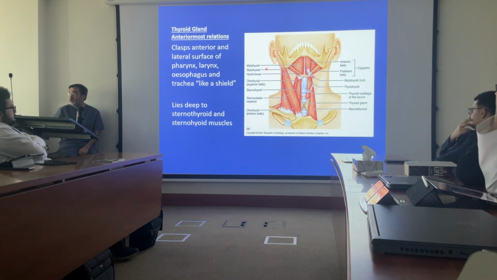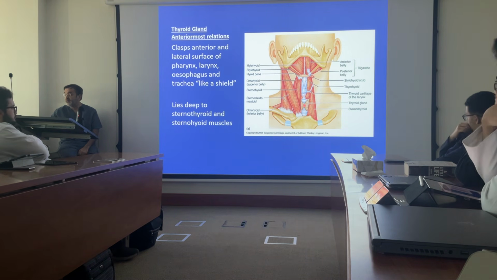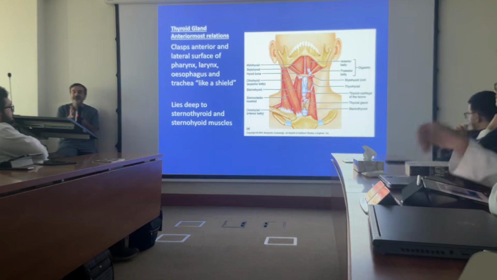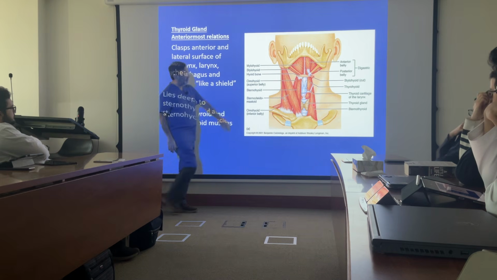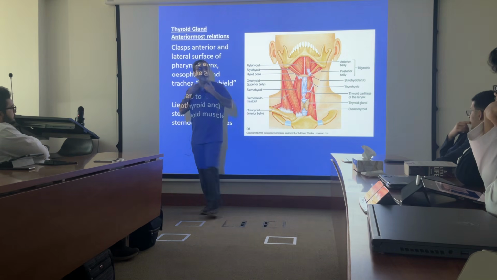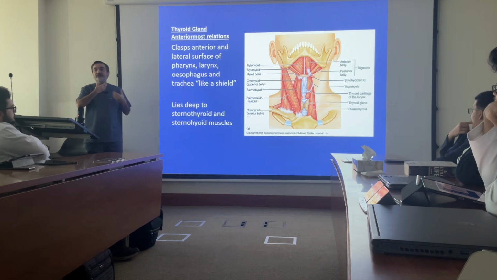So here you can see that the thyroid gland is completely covering the trachea and the esophagus. And anteriorly, if you want to expose this thyroid gland, you need to take out these strap muscles. These strap muscles are sternohyoid and sternothyroid. So you need to clear these strap muscles to reach the thyroid gland.